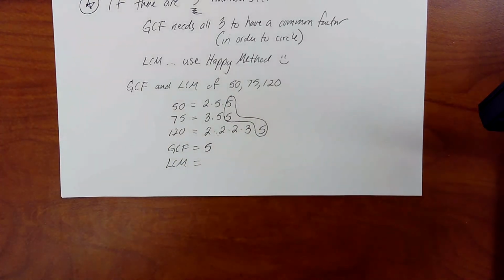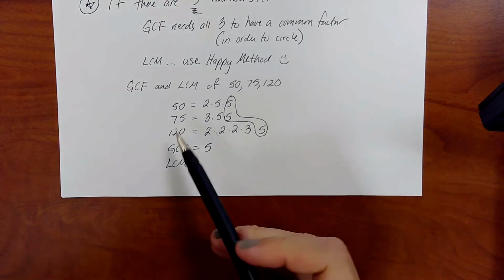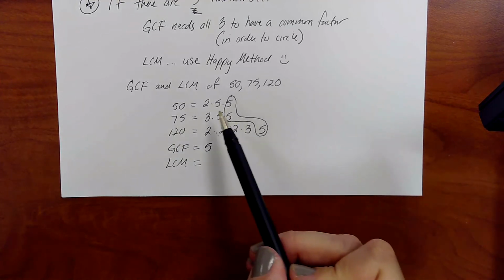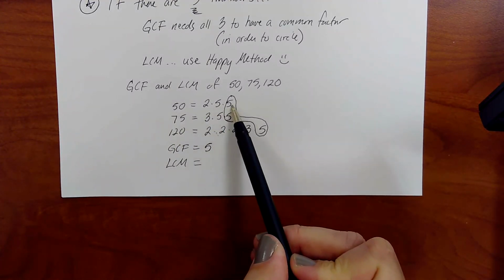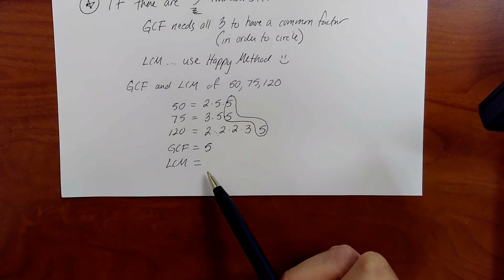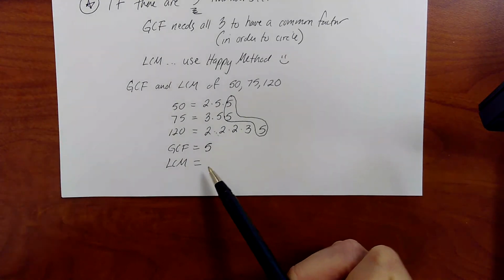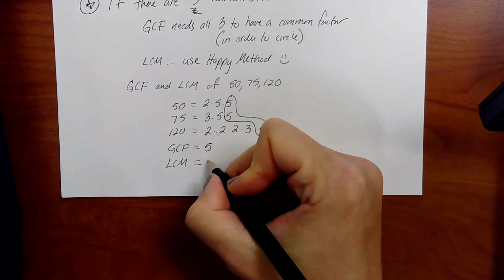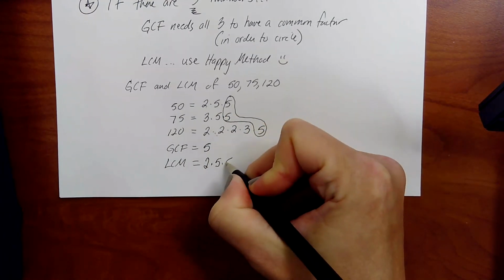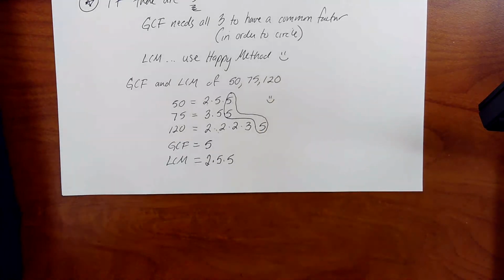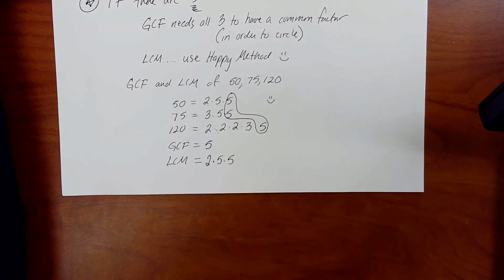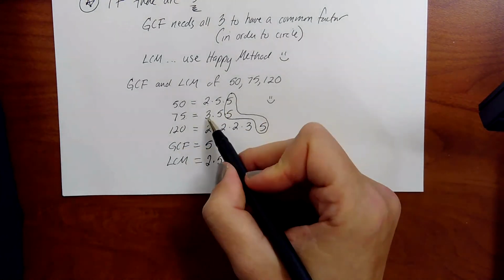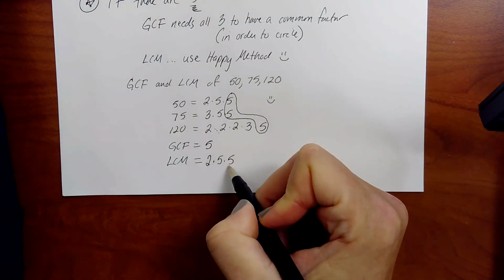Okay, the LCM, here's the happy method. You have to make sure each number's happy. The way they're happy is that they have all of their factors represented in the LCM. So, start at the top. 50 needs a 2, a 5, and a 5. So we're going to put it in the LCM, and then 50 is happy. A 75 to be happy needs a 3 and 2 5s in the LCM.